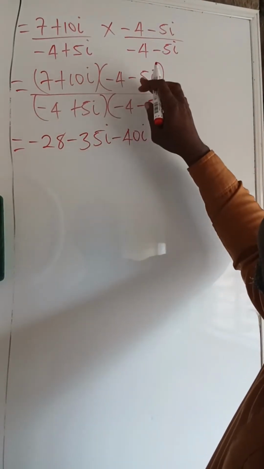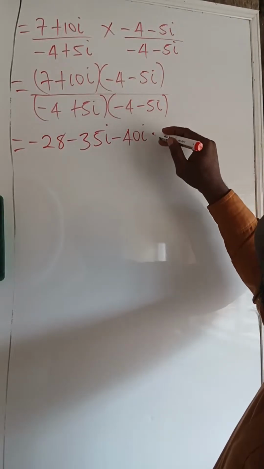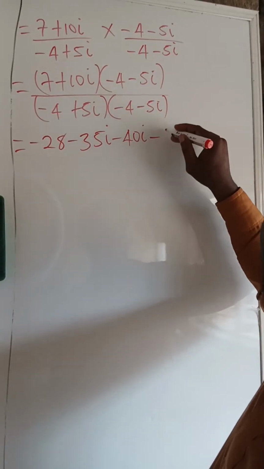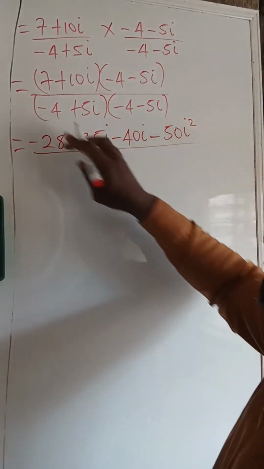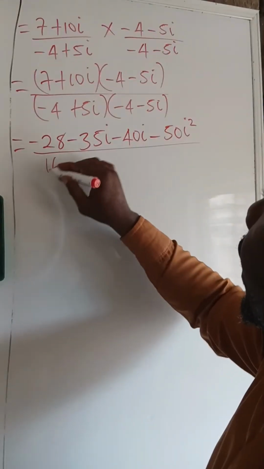Then 10i times minus 5i is minus 50i squared, all over minus 4 times minus 4, plus 16.